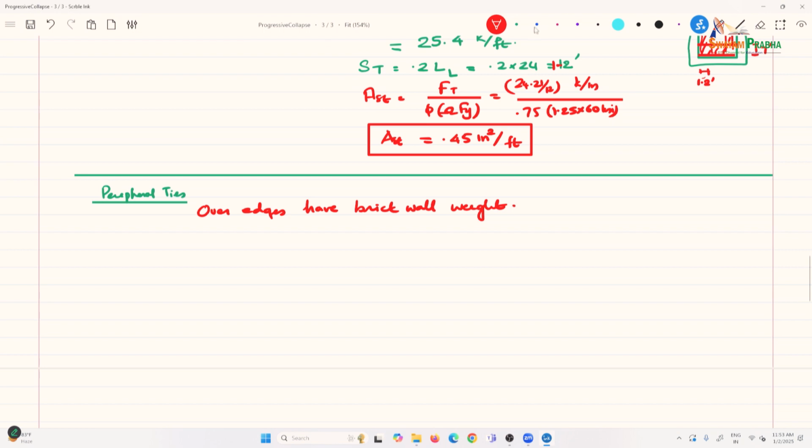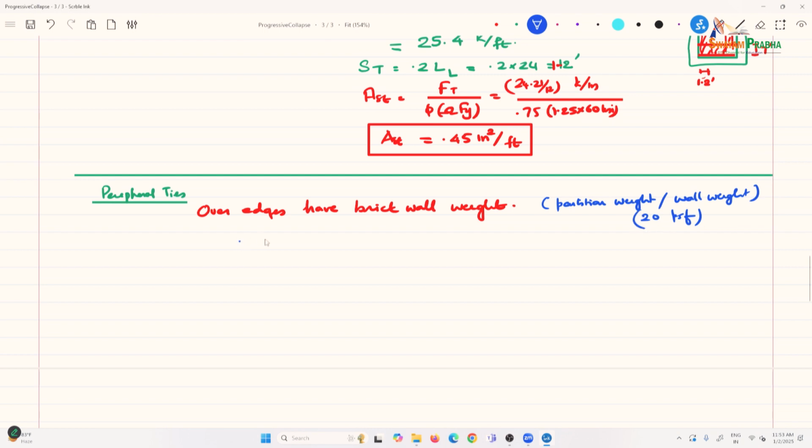Now, the partition weight is basically the wall weights, and this was included at 20 pounds per square foot. Those are the partition loads.